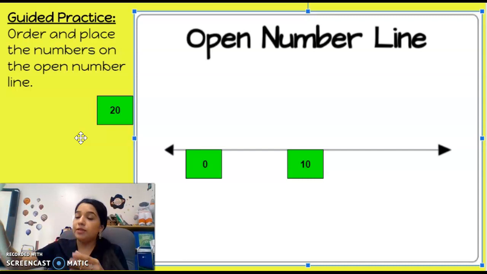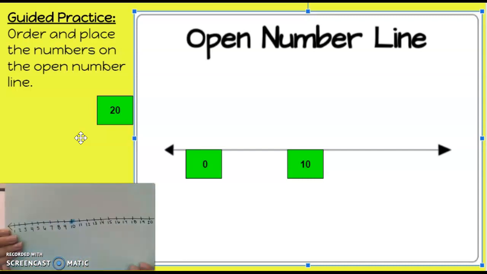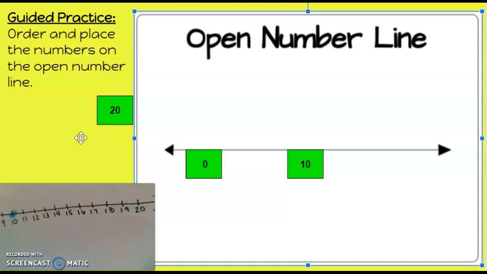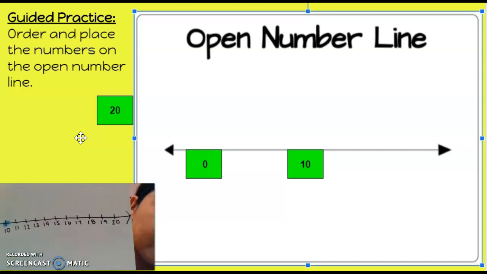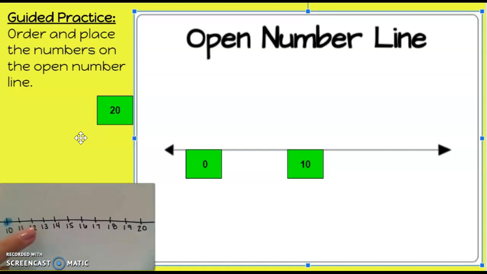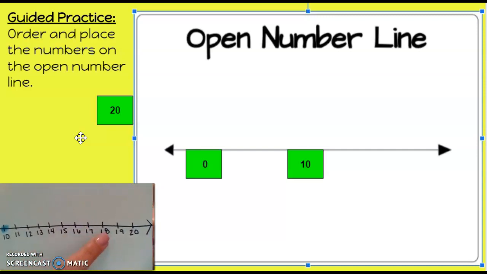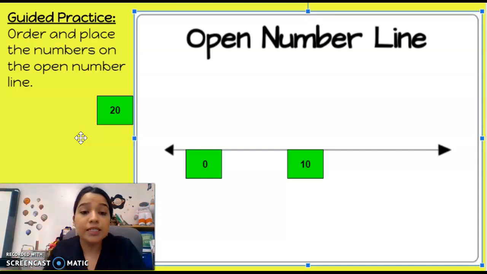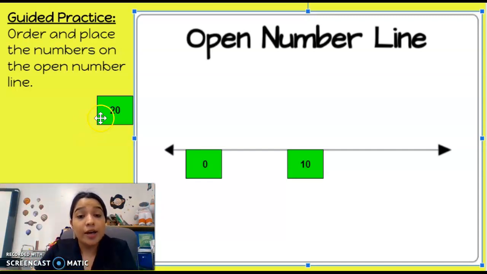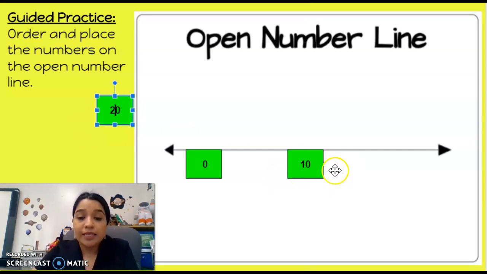Let's use a number line, and we're going to start from 10. 10, 11, 12, 13, 14, 15, 16, 17, 18, 19, 20. So 10 plus 10 is 20. That's why 10 is in the middle.